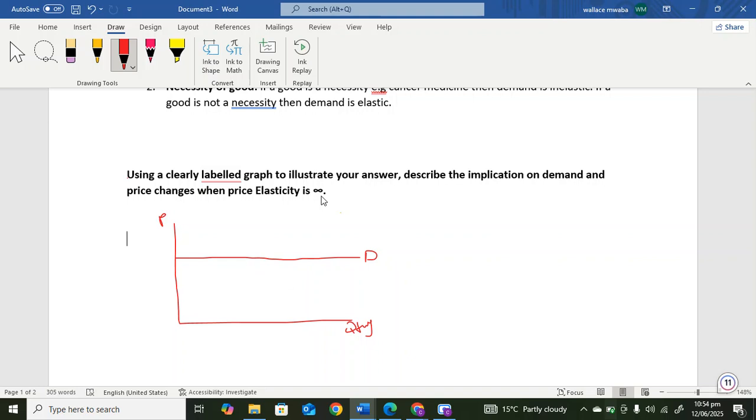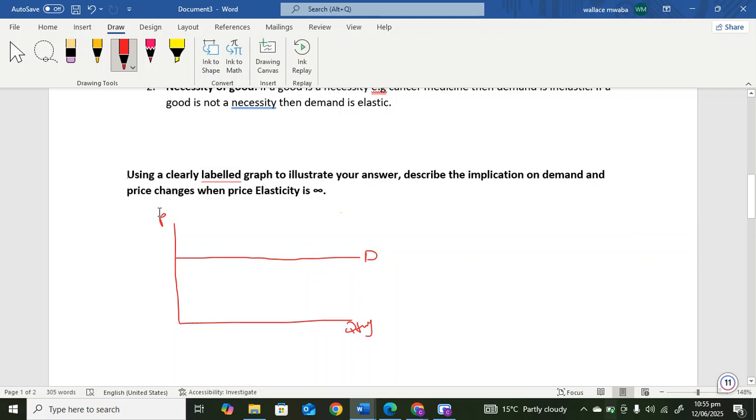So here, basically, what it means is that quantity demanded is very, very sensitive to changes in price. I believe you will remember this from a perfect competition market structure.